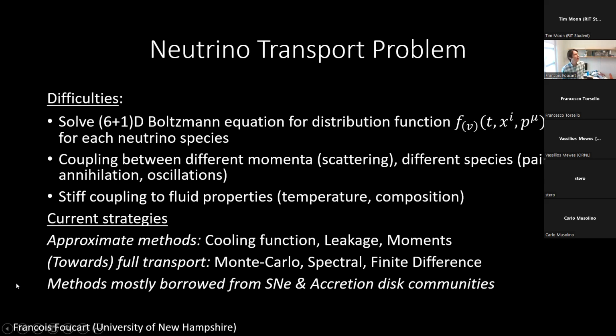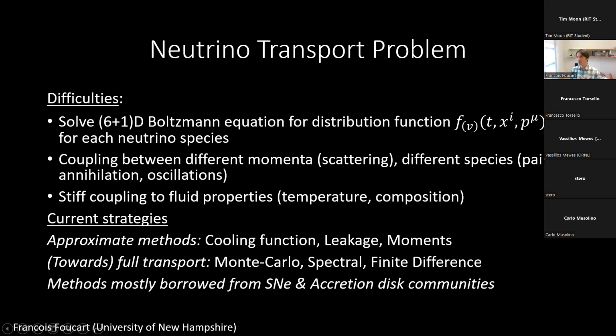But maybe the most difficult coupling to treat, as we will see in the rest of this discussion, is that there's a very stiff coupling between the neutrinos and the properties of the fluid, specifically the temperature and composition of the fluid, at least in the densest and hottest region of your system.